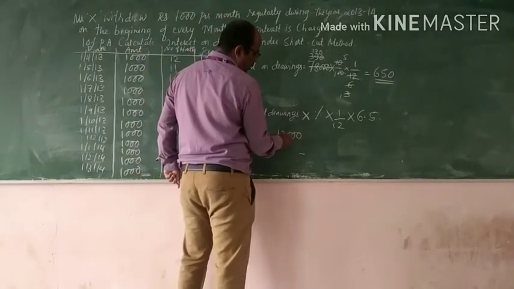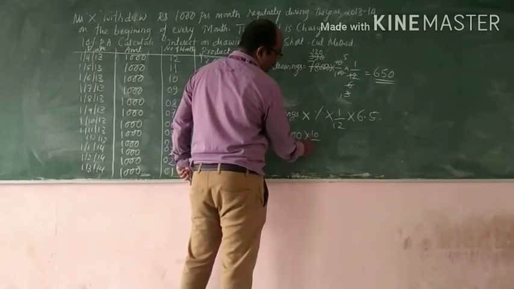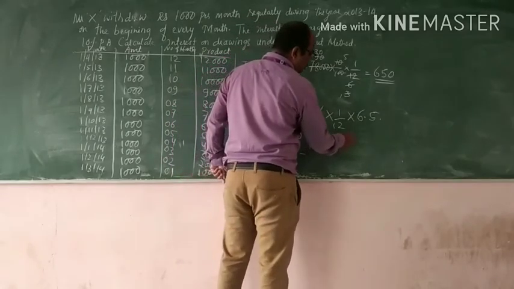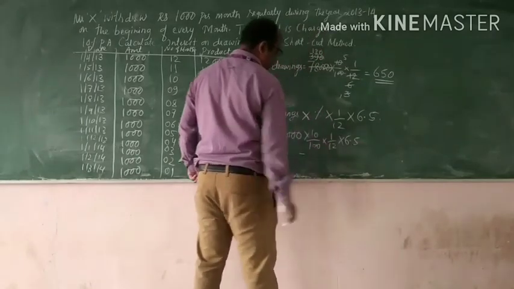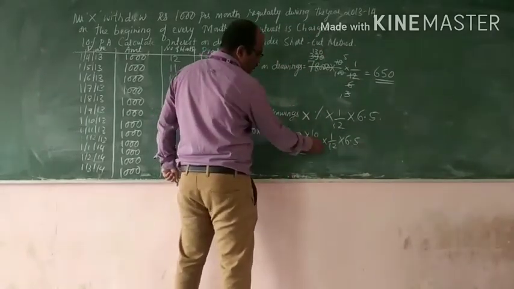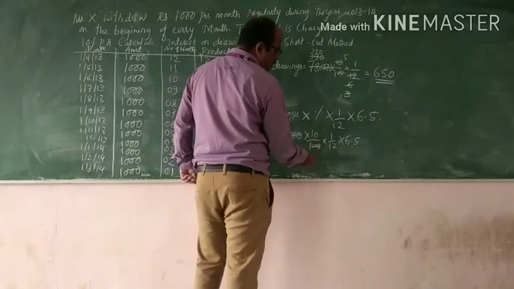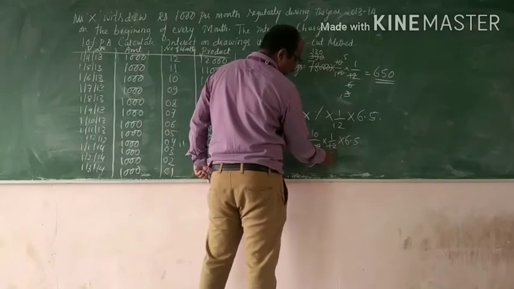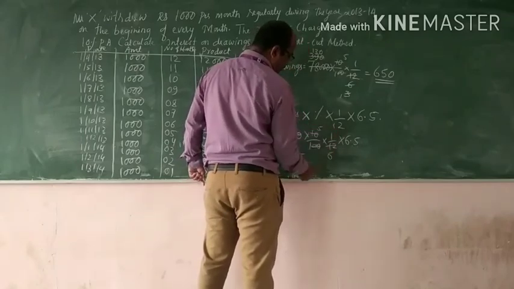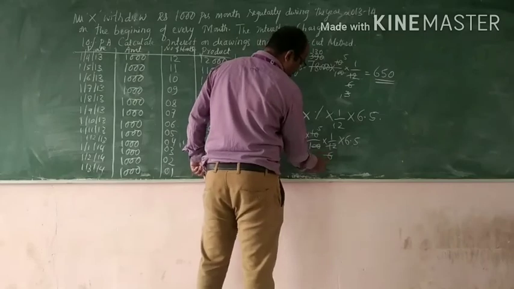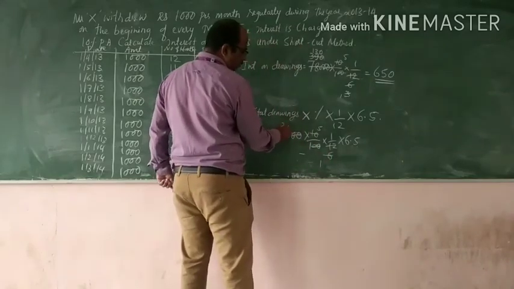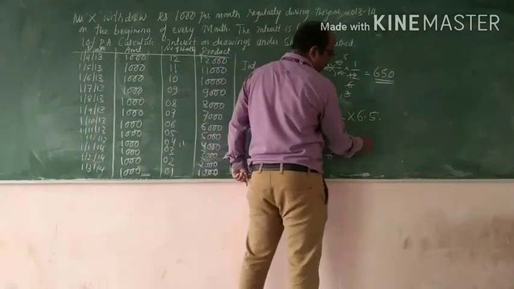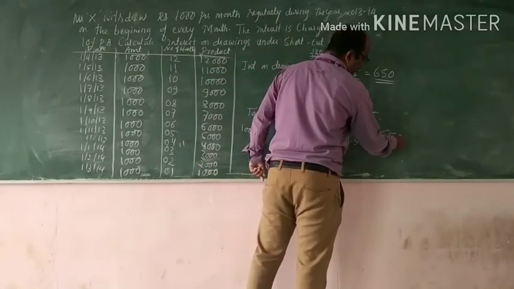The rate of interest given is 10% into 1 divided by 12 into 6.5. So the 0s are cancelled, 2 6 are 12, 2 5 are 10, 6 1 is 6, 20 into 5 equal to 100, 100 into 6.5 equal to 650.